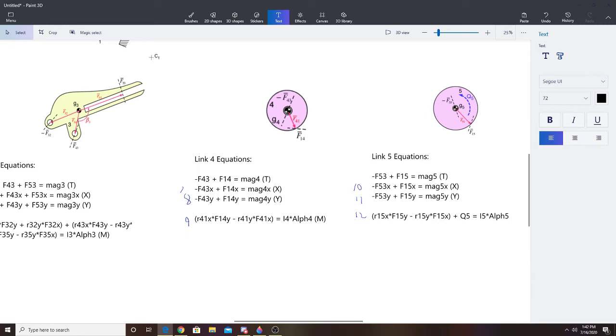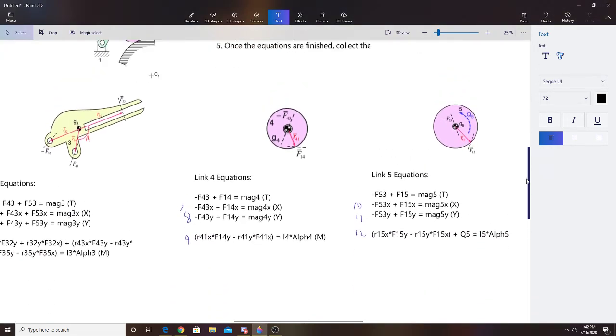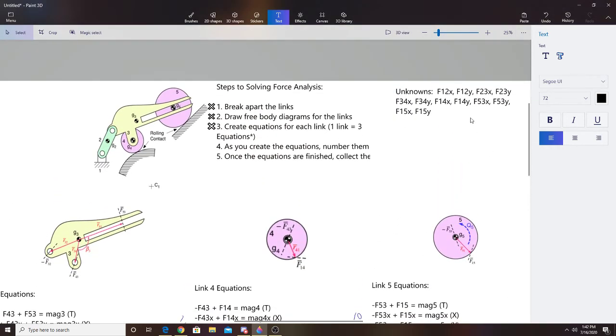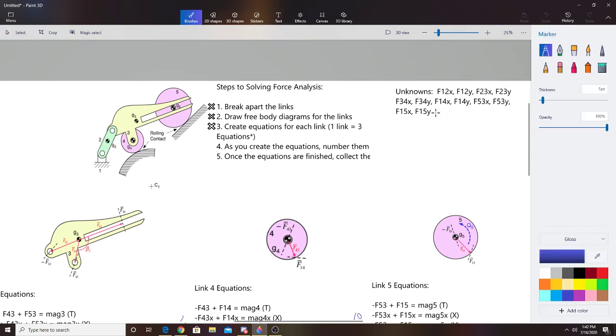So this is 1, 2, 3, 4, 5, 6, 7, 8, 9, 10, 11, 12, 13. And 13. So it's 13 unknowns. And we have 12 equations, which means we need one more. I forgot to put there is actually another one, which is our Q5, if you guys recall. Our output torque. I forgot to put it up there. So we need one more equation.